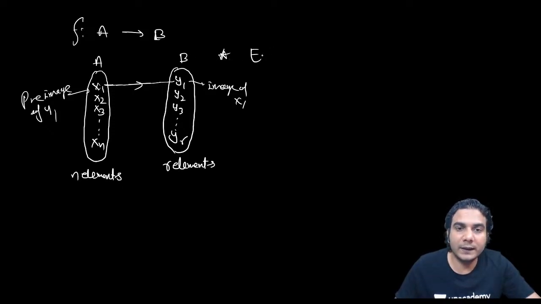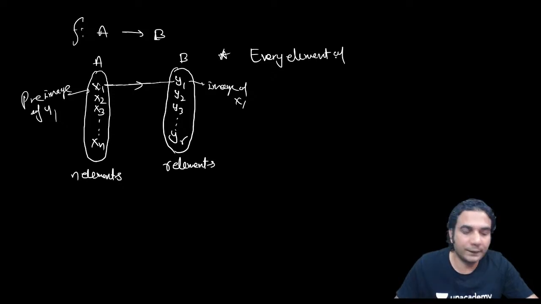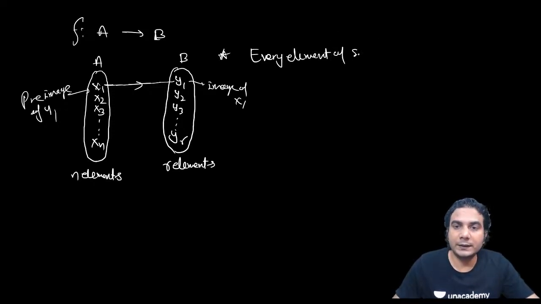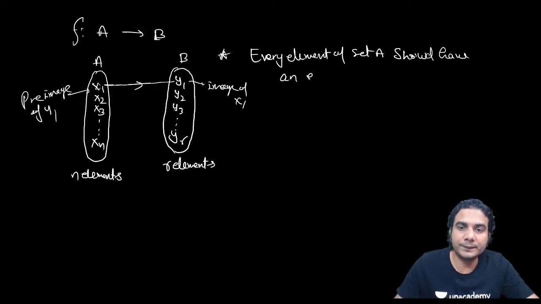The conditions are: every element of set A should have an image in set B. All right.